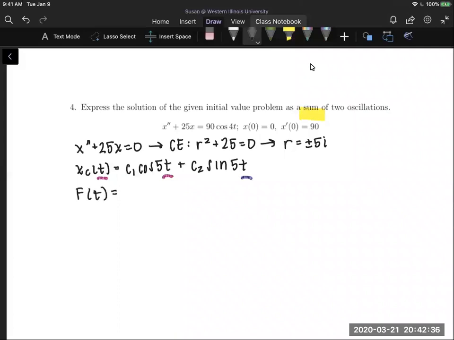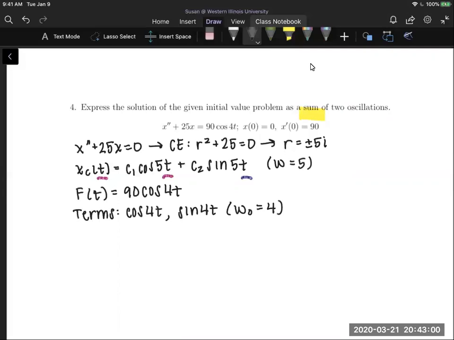So now let's focus our attention on the function f of t, which is 90 cosine of 4t. From that, we want to determine the terms that are going to make up our particular function. So we have cosine of 4t, and we also have sine of 4t. In other words, our omega naught here is 4, and up here, our omega is 5.